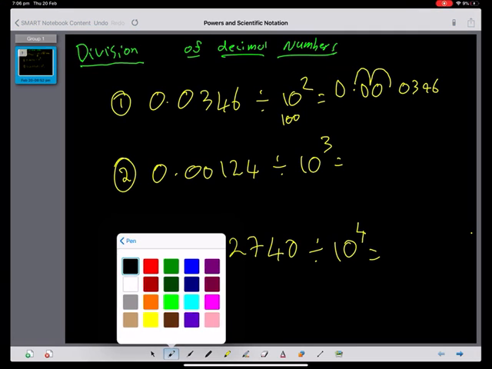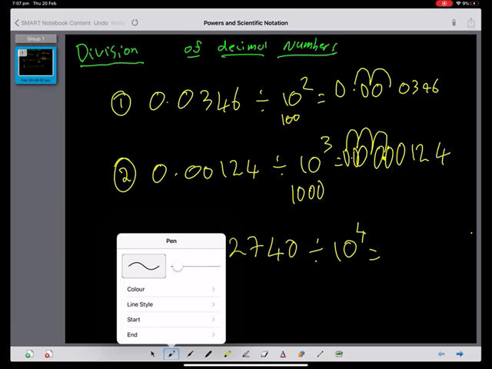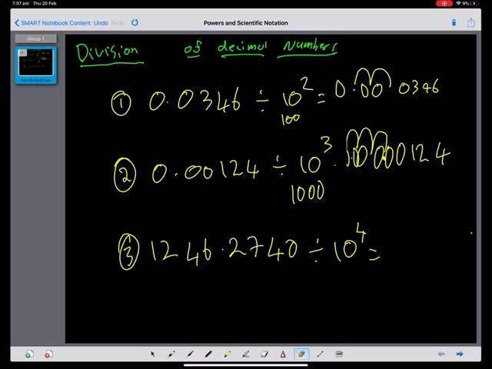Okay, so hopefully you recognize that 10 to the 3 is 1,000. Let's write our number down again, with a couple of zeros, 1, 2, 4. So our original number was there. That is a bit squashed, so I'm going to start this again.